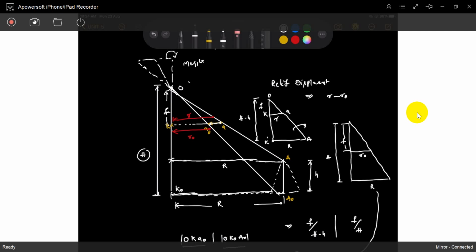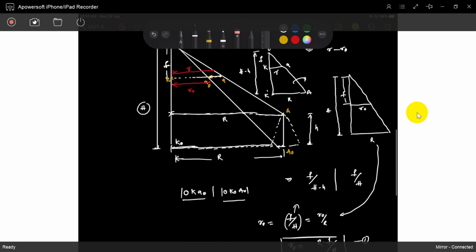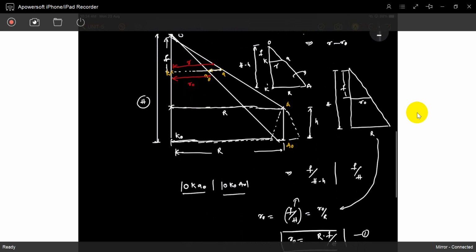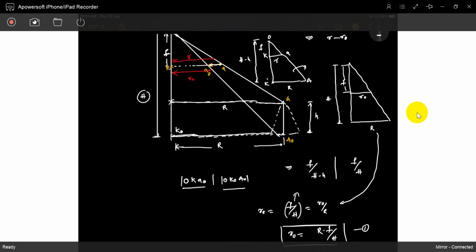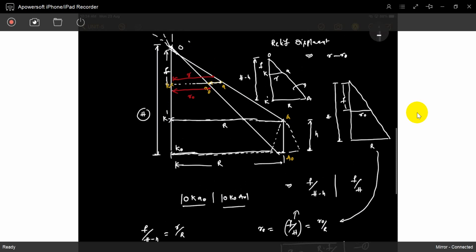So observe it, the same similar triangles. Now write down the same similar triangle principle. How can you write it? F by capital H minus small h is equal to r by R. That's it, no? Same similar triangles. If you observe it, this is a k dash. This is the scale: the distance in the photograph divided by the ground distance.